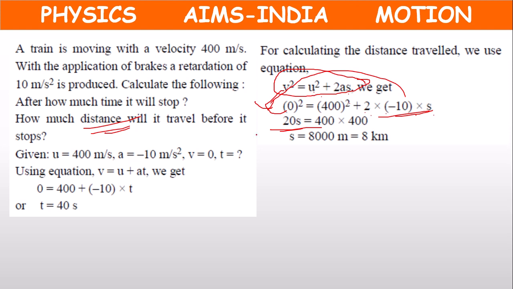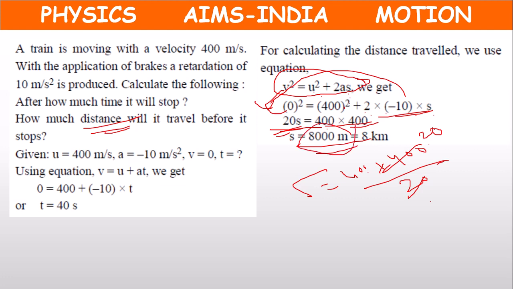Left hand side 20S, right hand side we have 400 square, which means 400 into 400. S equal to 400 into 400 by 20. 20 into 400, 8,000 meters. If we divide by 1000, it will turn into 8 kilometers. 8 kilometer is the answer.